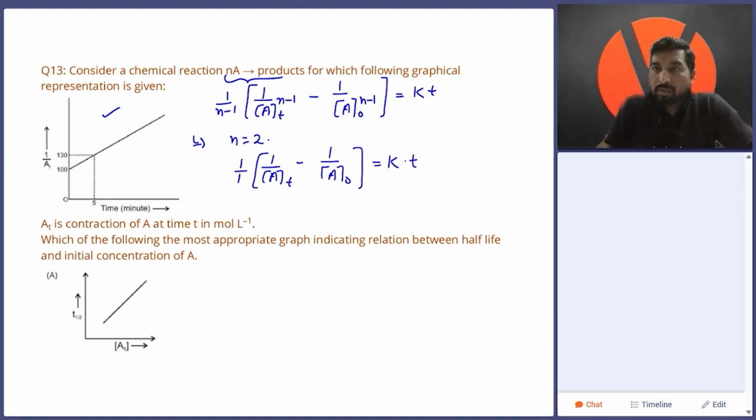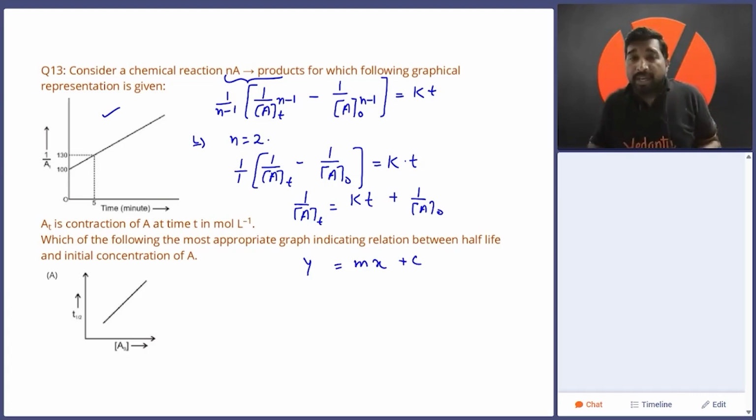On solving further, 1 upon At is equal to Kt plus 1 upon A naught. You can see this is y is equal to mx plus c, where m is equal to k and c is equal to 1 upon A naught. So you can say typically it is a case of a second order reaction.